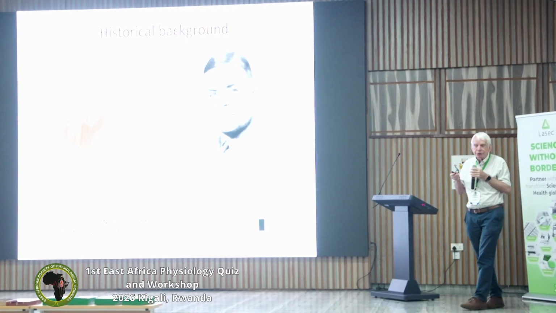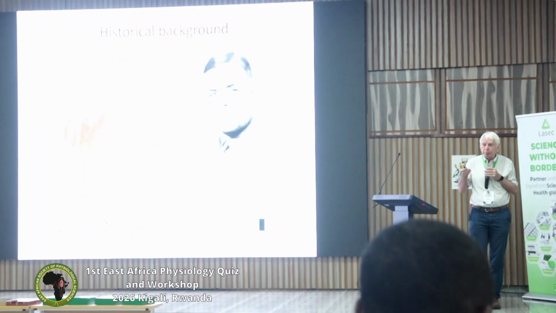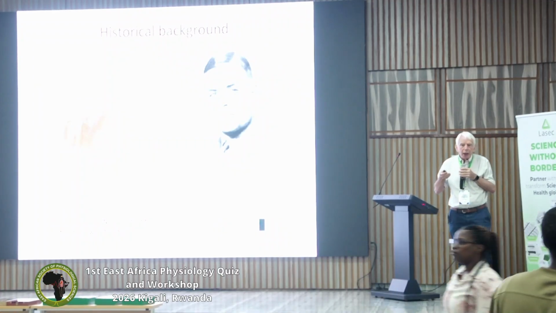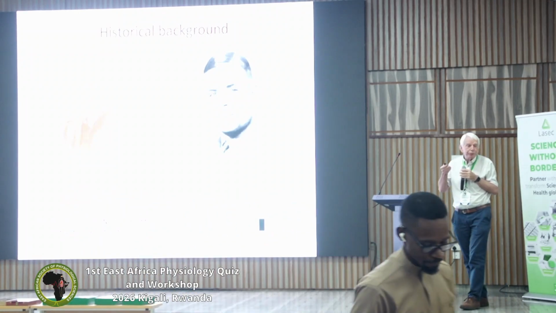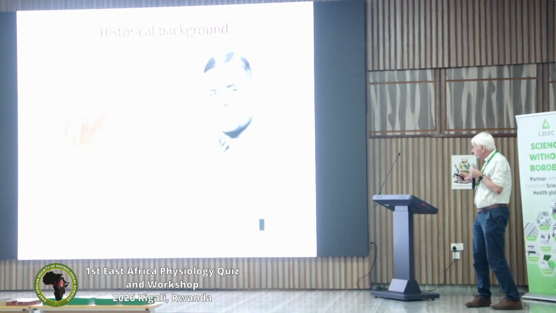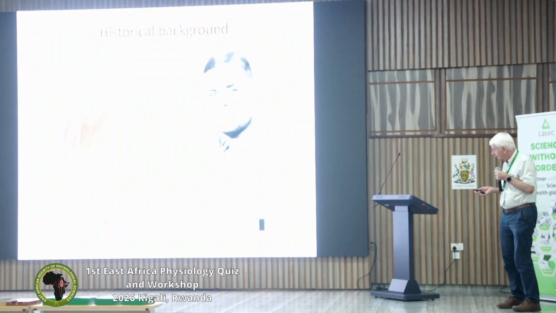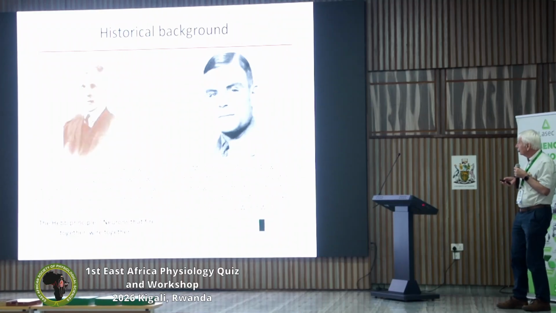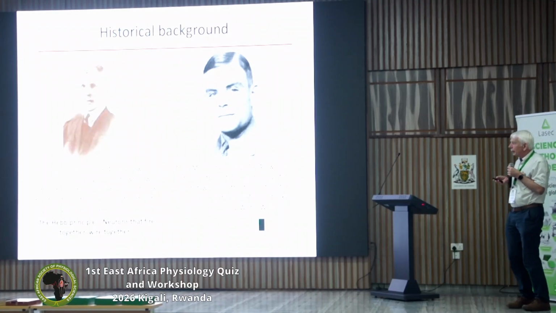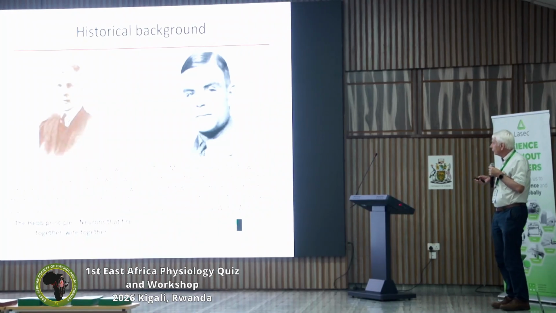So actually it's the adaptive nature of neurons in our brain which allows us to learn, allows us to teach, allows us to forget. The other person who is very influential is Alan M. Turing, who died tragically in 1954.